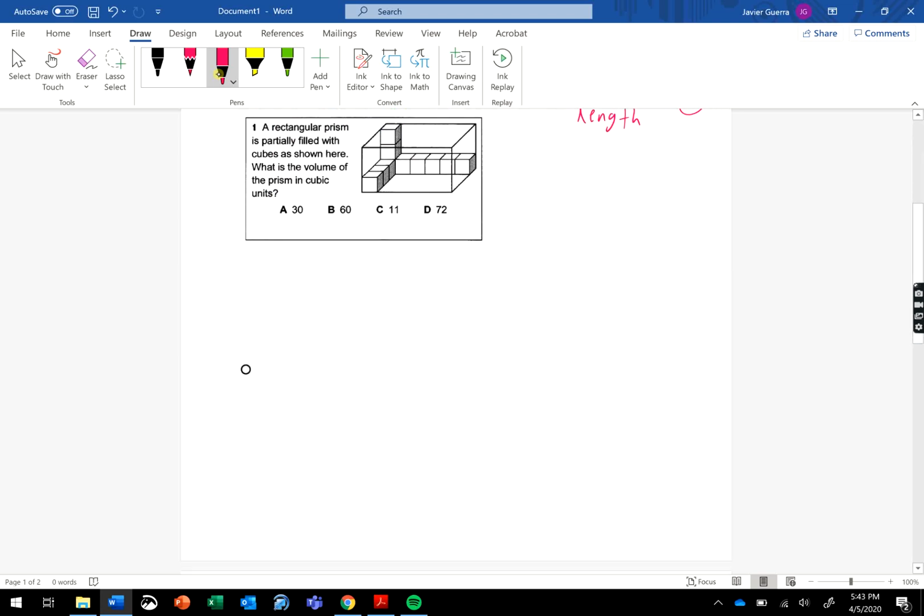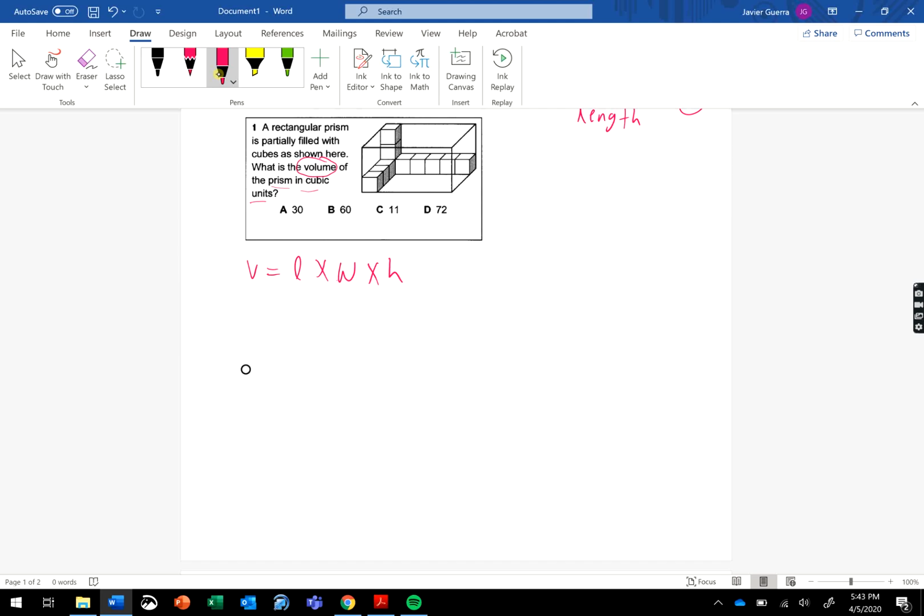Okay, so let's look at this right here. It says a rectangular prism is partially filled with cubes as shown here, right? What is the volume? So now I'm looking for volume of the prism in cubic units. We know we're looking for volume. I need to write the formula for volume. We just said it equals length times width times the height, right?